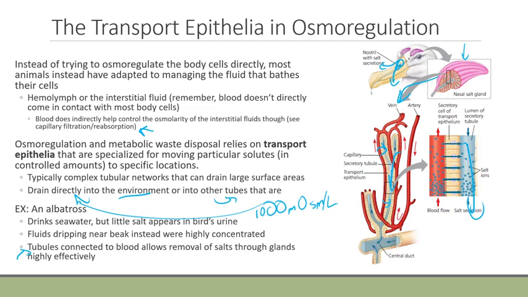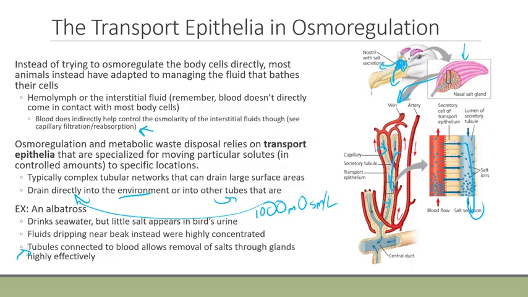So if you see a picture of a marine iguana or a lot of seabirds, you will sometimes see a really salty white patch right by the border between their beak and their feathers on their head, because that's usually where that nasal gland is. That is them getting rid of those extra salts.